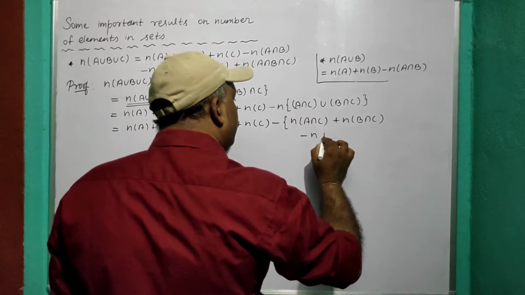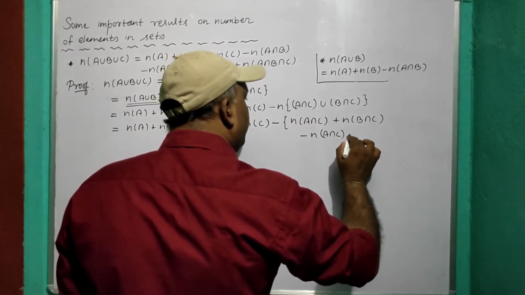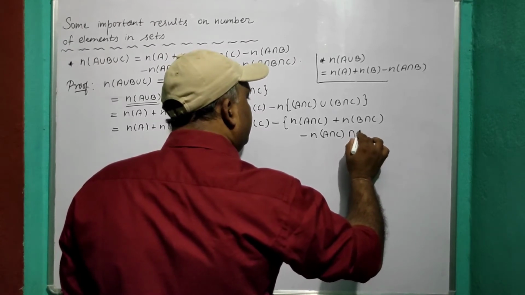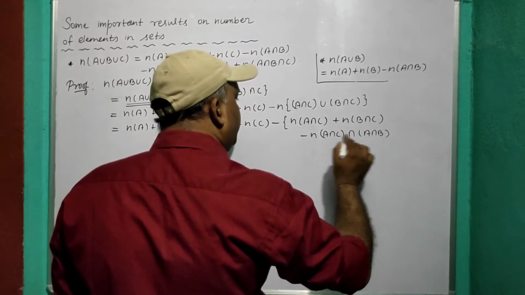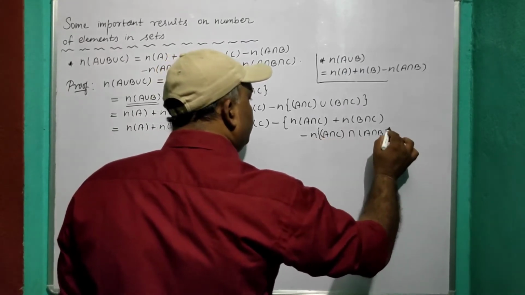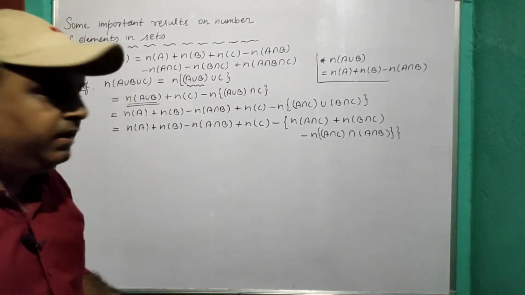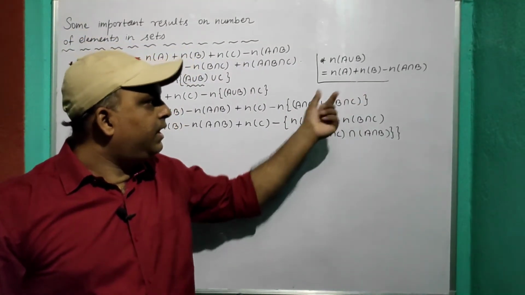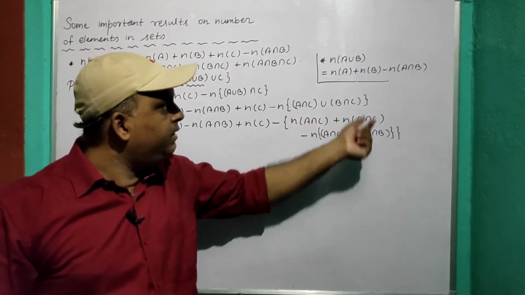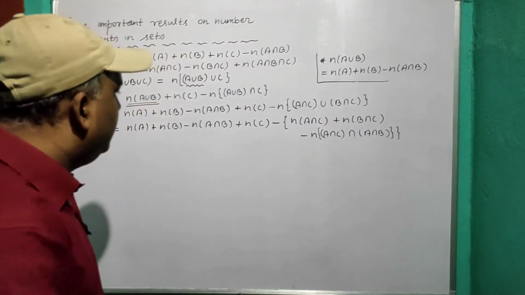It means (A intersection C) intersection (A intersection B)... ओके, तो इस ढंग से हम लोगों ने लिखा हुआ है. इसको मैंने एक्सपेंड किया हुआ है इस फॉर्मूला से. सिर्फ जहाँ A है मैंने A intersection C लिख दिया, जहाँ B है मैंने B intersection C लिख दिया.